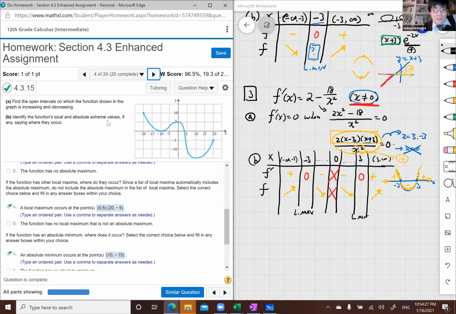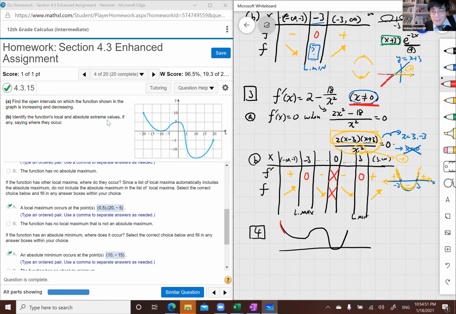Okay, now a different question, number 4. You have some function and need to find the open intervals on which the function is increasing and decreasing. So you have a graph that looks like this. It is decreasing from negative 20 through negative 10.